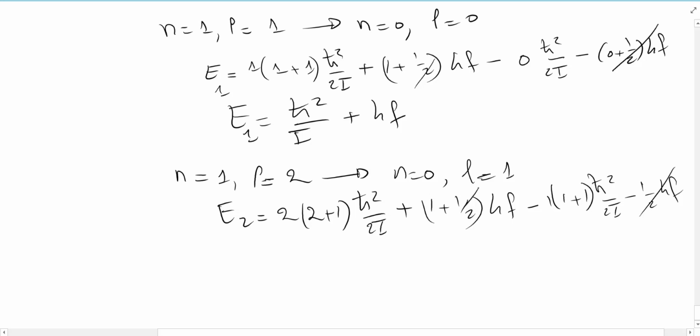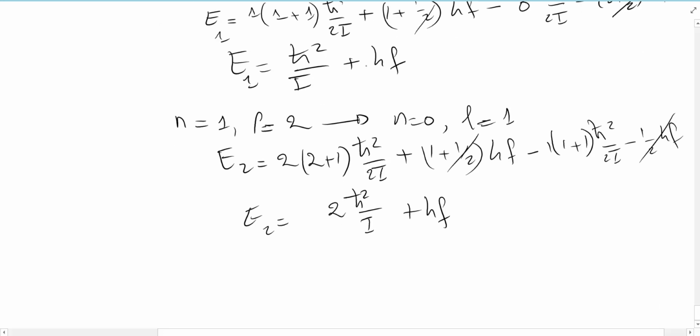This 1/2 and that 1/2 cancel, so we still have an hf in here. So this is E2. And in here I have 2 times 3, that's 6 divided by 2, that's 3 h bar squared over I, minus h bar squared over I. So it's going to be 2 h bar squared over I. So it's twice this number, that's all, plus the same hf in here.